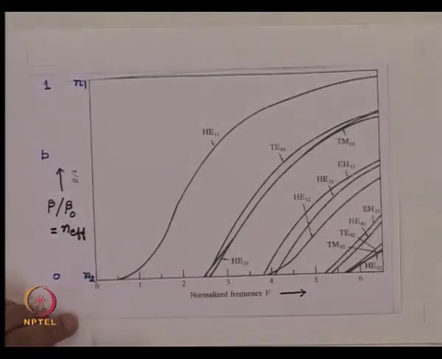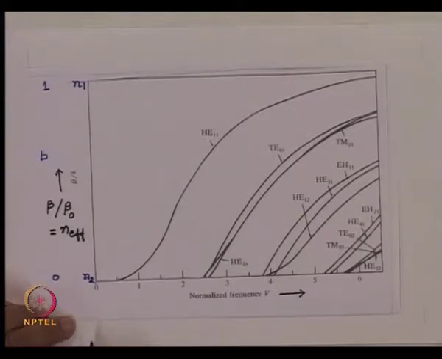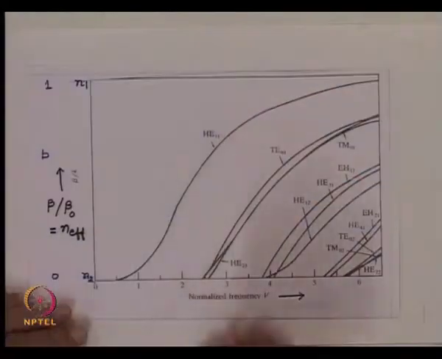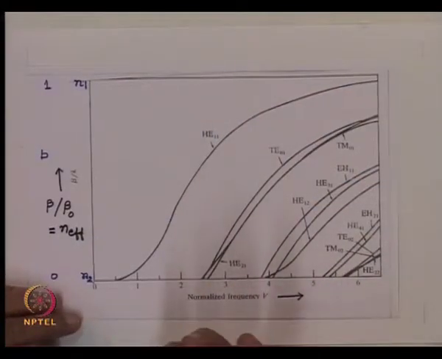So we find something very interesting, that in the range between V number 0 and 2.4, only one mode propagates, and that mode is not transverse electric or transverse magnetic, that mode is a hybrid mode. So it is very interesting that the mode which is predominantly propagating on the optical fiber has in general all 6 components associated with it.